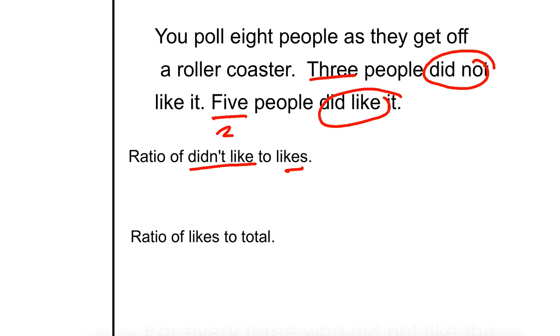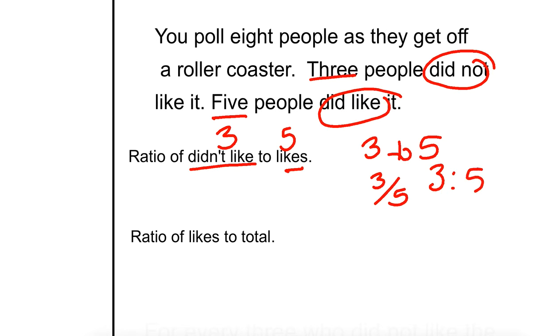There's 3 people that did not like it and 5 people who did. So we have a ratio of 3 to 5. You could write it 3 over 5 or 3 colon 5. In this one, it's a ratio of likes. So we got to go find there are 5 people who liked it to the total, which now we would add those 2, which gives me 8. So my ratio is a 5 to 8.